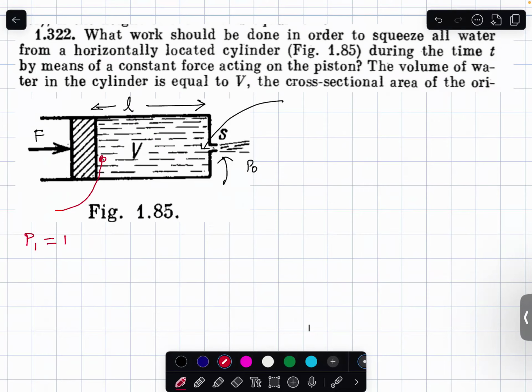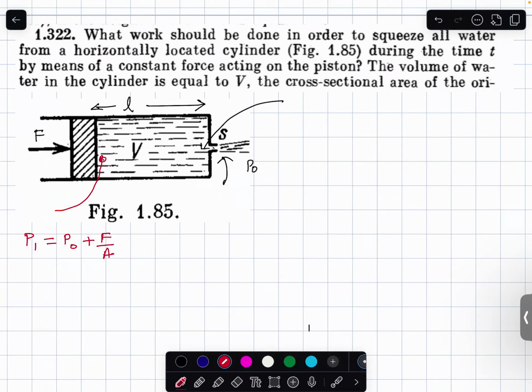The pressure here is atmospheric pressure plus additionally you are applying that pressure.